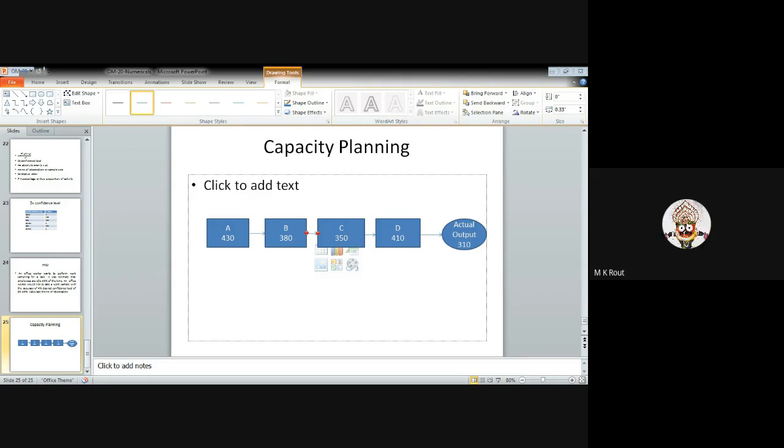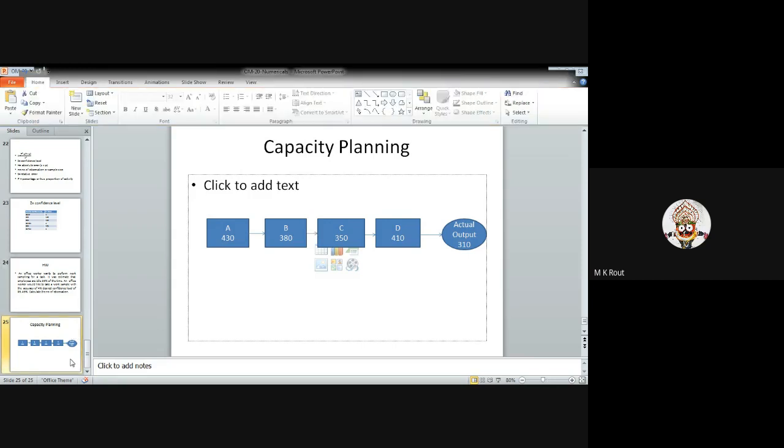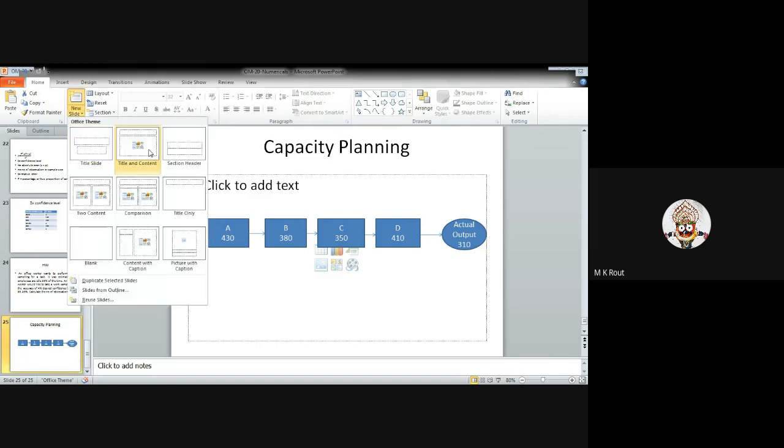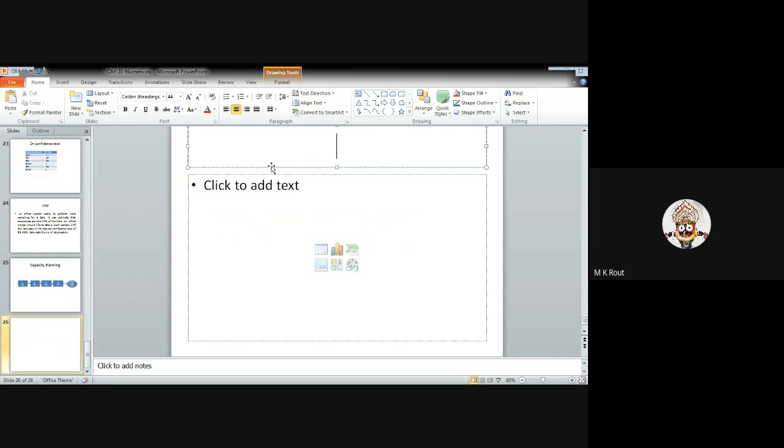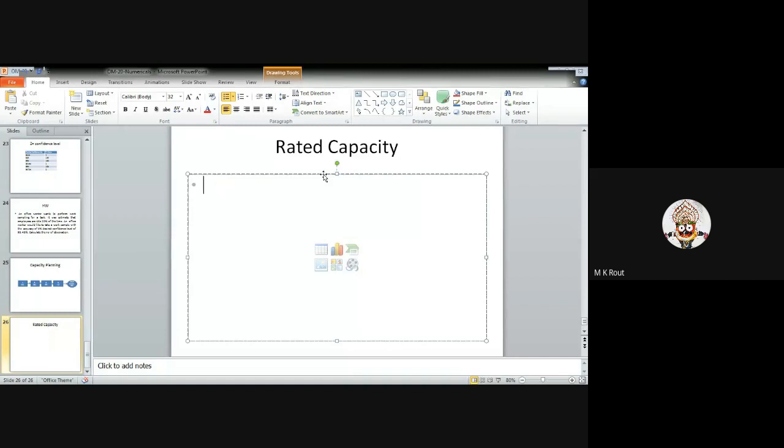Just note down. Before noting down, you have to write down the formula here. Just write down the formula, that is rated capacity. In case of rated capacity, just a minute.